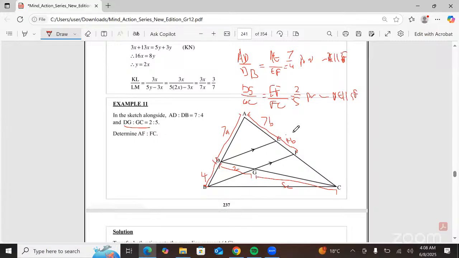Okay, thank you. Therefore, this one here will be 2d, and then this one will be 5d. Now, I think from here you can cook something to generate this ratio.